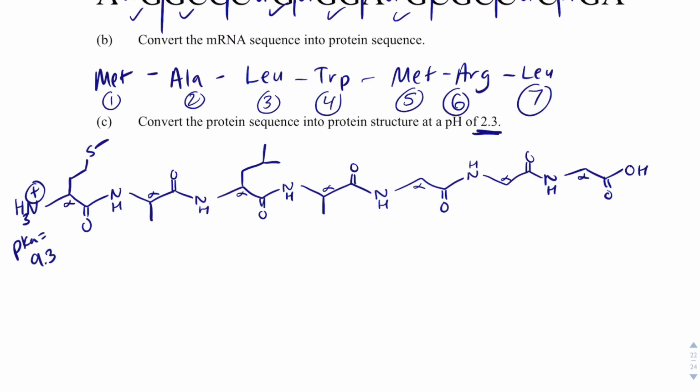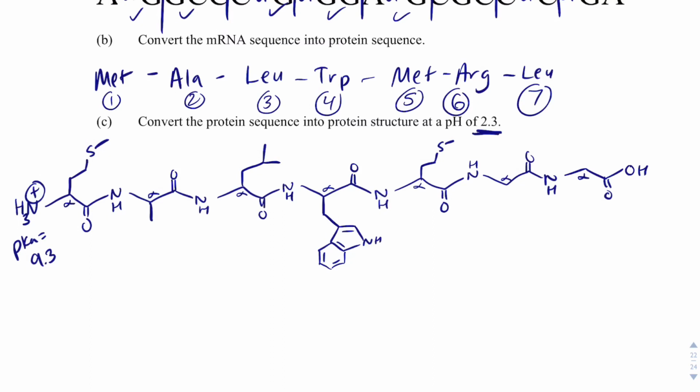Tryptophan is carbon, and then we start that, no side chain pKa. Methionine, 2 carbons, sulfur.